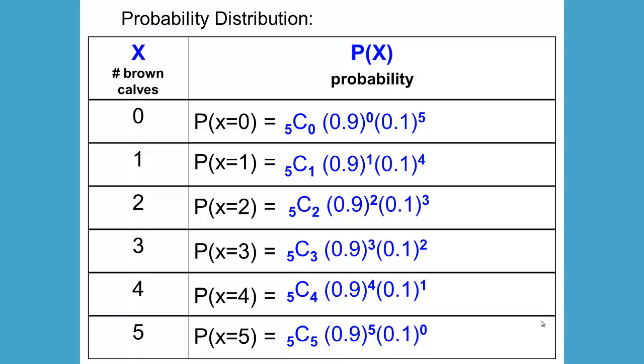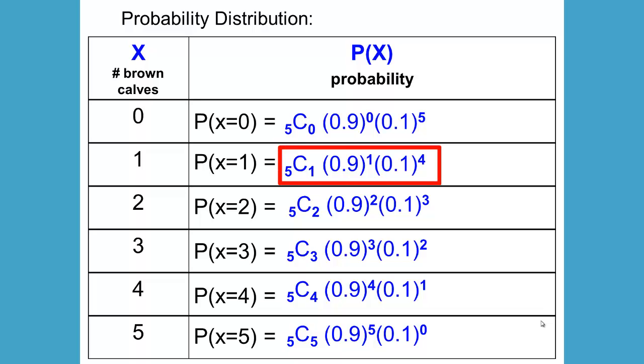Next, notice the probabilities. With 0 brown calves, we have 0.9 to the 0 in our formula, and that means we have 5 not brown calves, or 0.1 to the 5th. Notice where the 0 comes from, and where the 5 comes from.